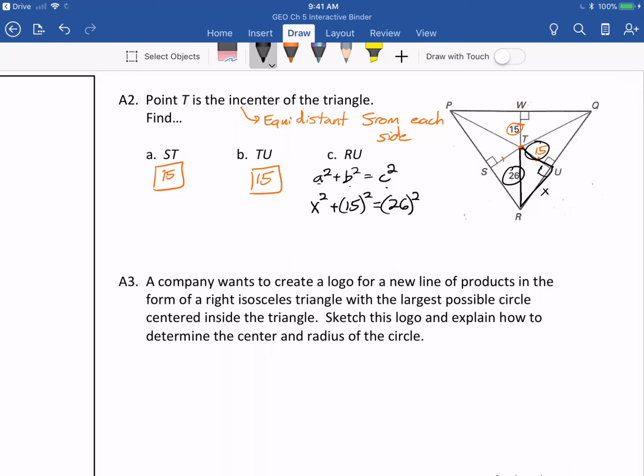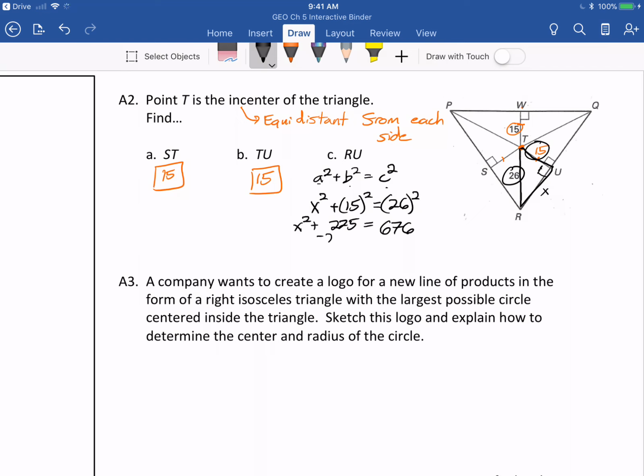All right, so now if I go through here and figure these out, I can see that 26 squared is a large number. I don't have a calculator right in front of me. Let me grab that out. 26 squared is 676. 15 squared is 225. And then I still have x squared.